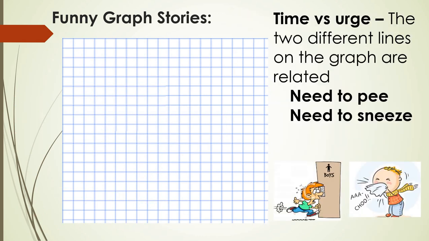All right, let's look at another one. These are just silly ones, okay? Time versus urge. 2 different lines on the same graph. Need to pee, need to sneeze. Okay, so this time we're going to put time along this graph. And we'll just go 0 to, say, 2 hours.